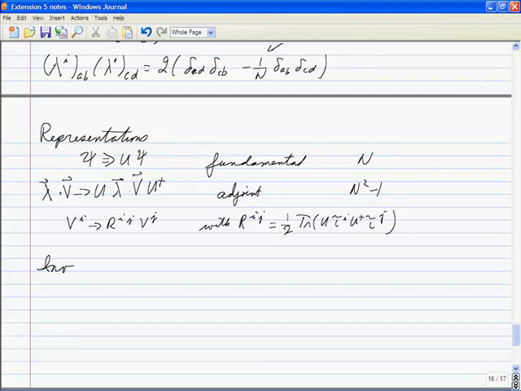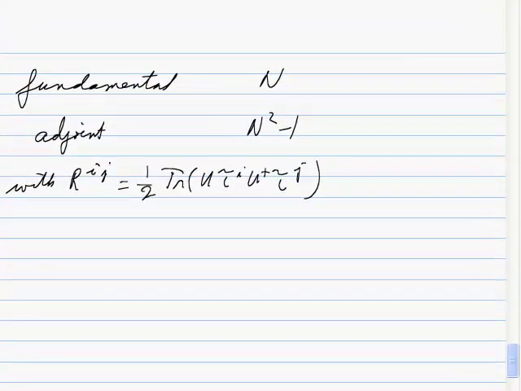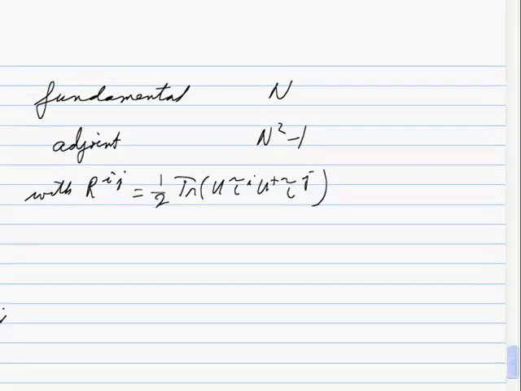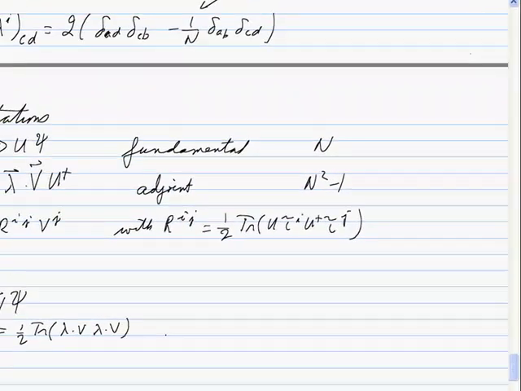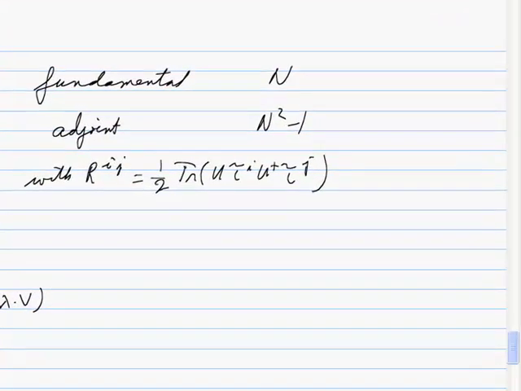Invariants are things like psi bar lambda dot v psi. That's an invariant. If I want vi vi, that's an invariant. That's 1/2 trace lambda dot v lambda dot v. And we'll work on a couple of other invariants.